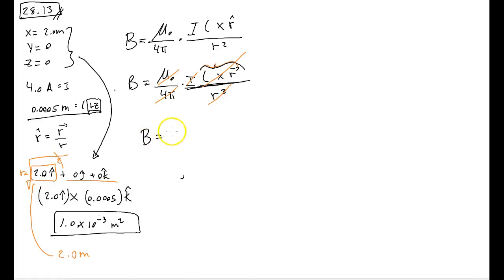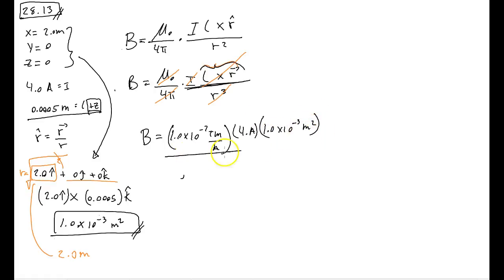B is equal to 1.0 times 10 to the negative 7 tesla meters per amp, times the current, which was 4 amps, times the vector that we crossed, which was this 1.0 times 10 to the negative 3 meters squared.